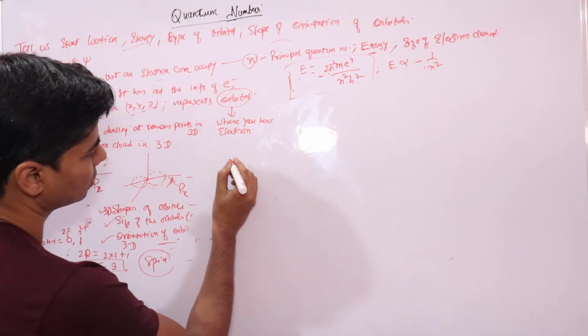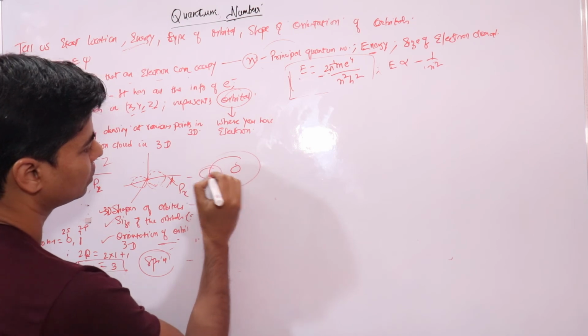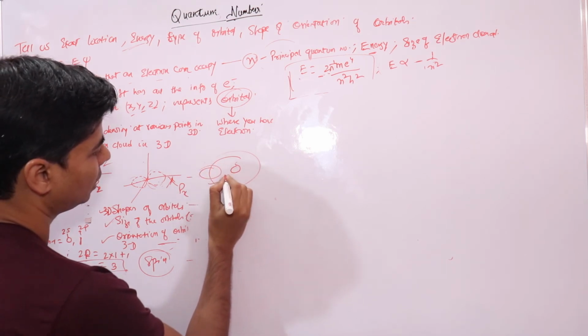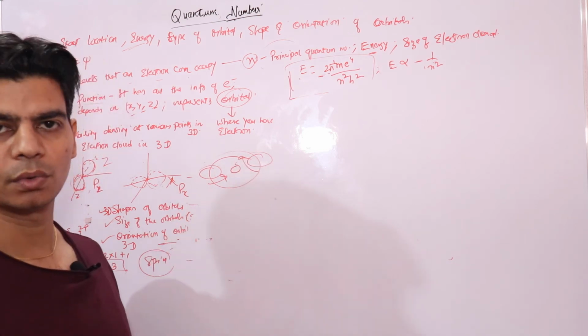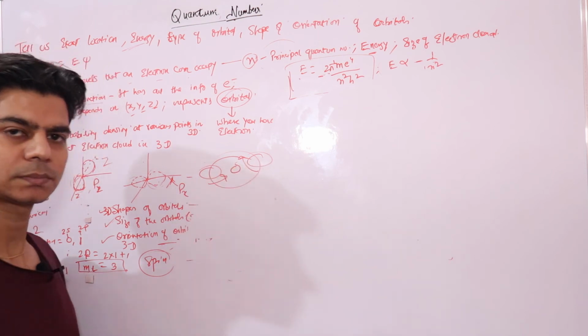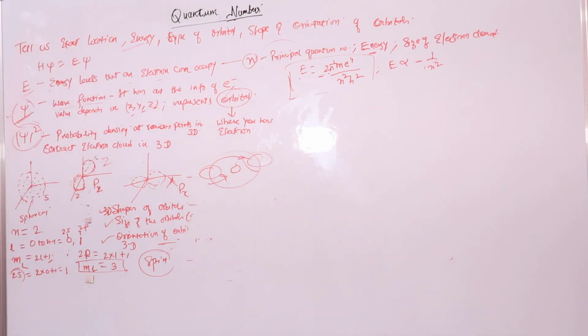We said that electrons, when they are moving, have opposite spins. They are spinning about their own axis, so they have opposite spins, due to which they have intrinsic angular momentum. These spinning electrons have, and this spin quantum number will also tell us about the magnetic properties of substances.